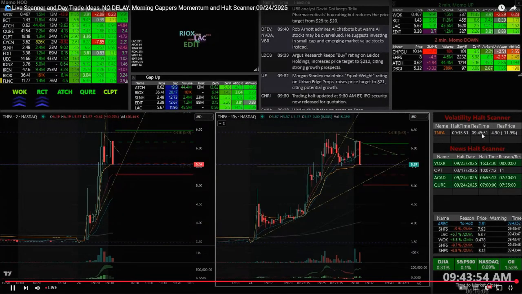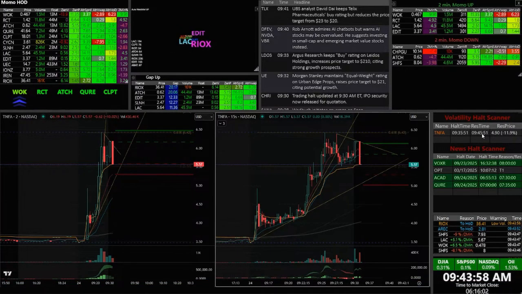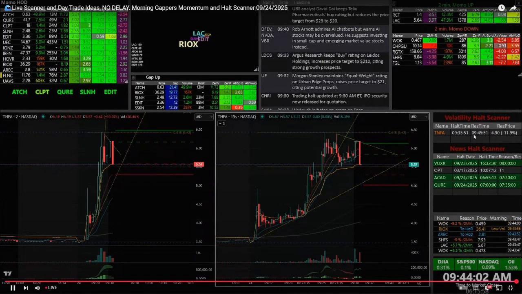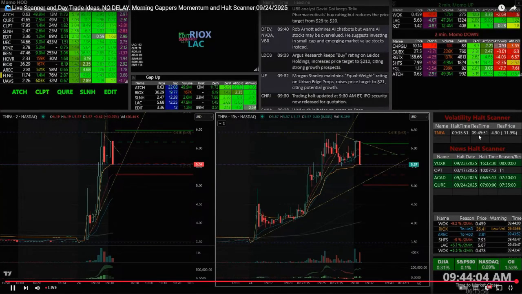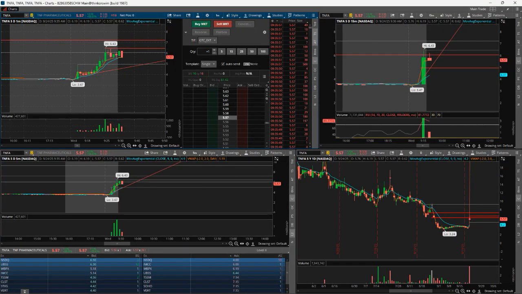AREC. QURE. IONZ. RCT. All right, yeah, ABAT slowed down, which I thought it would. Super high float, made this big move on the open when there was a ton of volume.